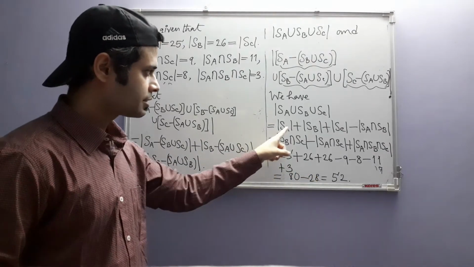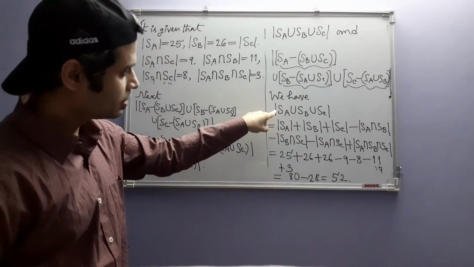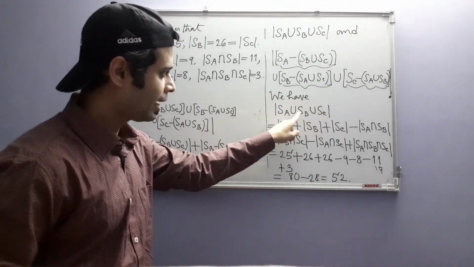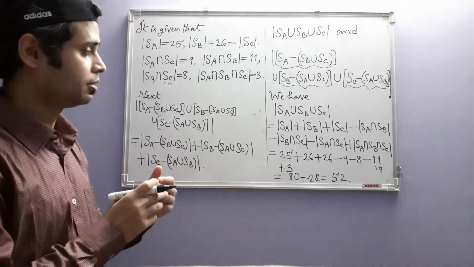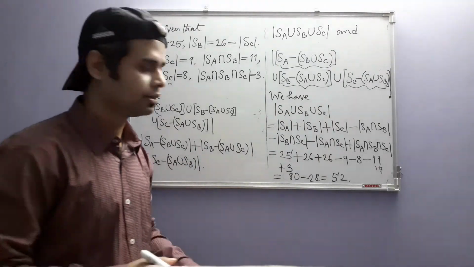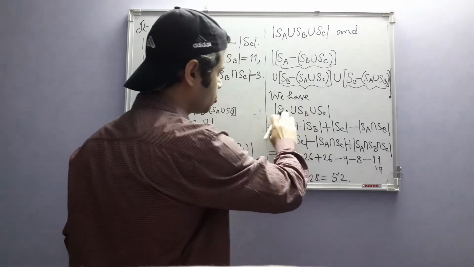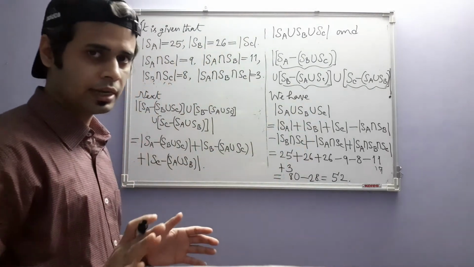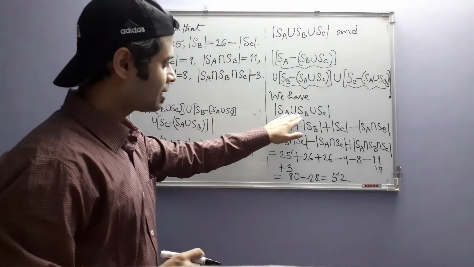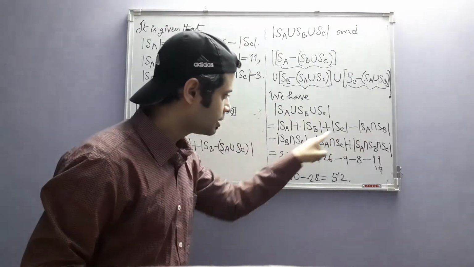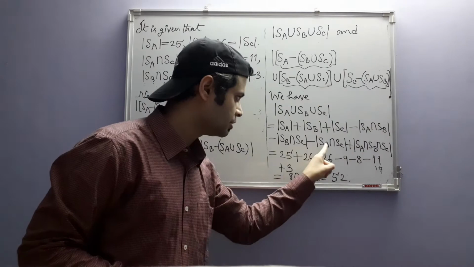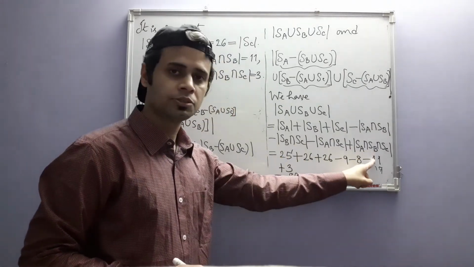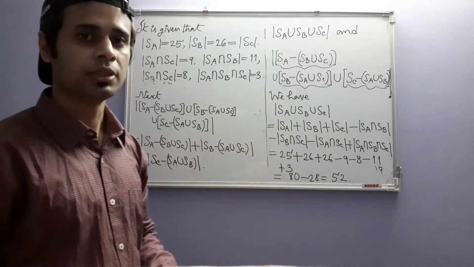In the earlier formula, if SA, SB and SC were mutually disjoint, so that no two of them have any elements in common, then these intersections would be empty, so the parts being subtracted and then the one added would become zero.